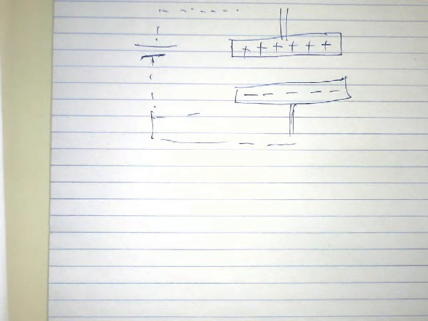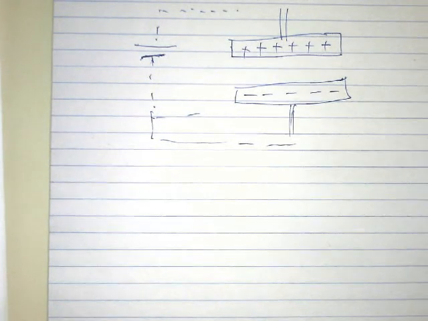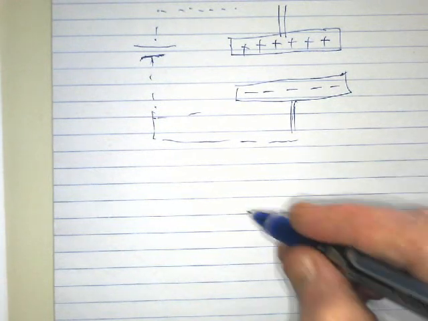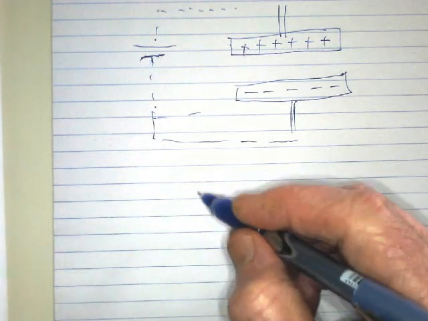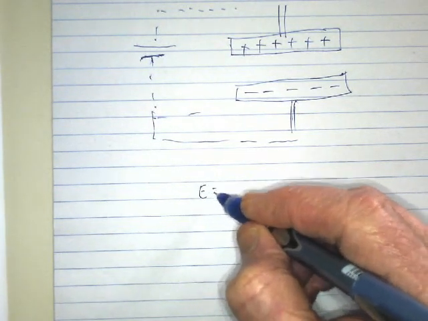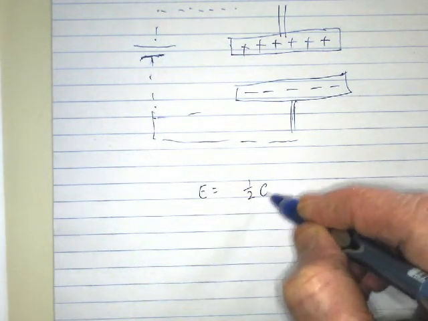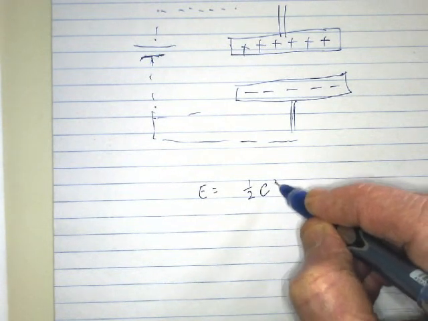Essentially all we're trying to do is work out how much energy is stored in the charged up capacitor, and the energy is 1/2 the capacitance times the voltage squared, 1/2 CV squared.